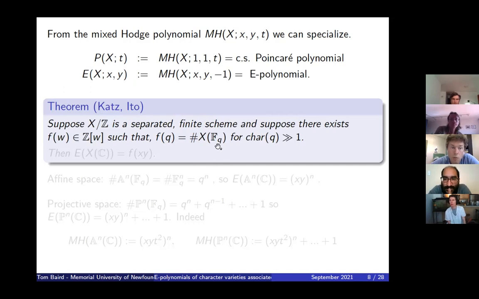So I have a scheme defined over Z. I can consider points for that scheme over a finite field. That'll give me some number, and that should agree with the evaluation of this polynomial. It doesn't have to be for every prime power, but it should be for characteristics sufficiently large. For all but finitely many characteristics, say, this should be true.